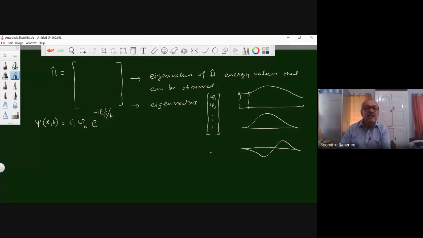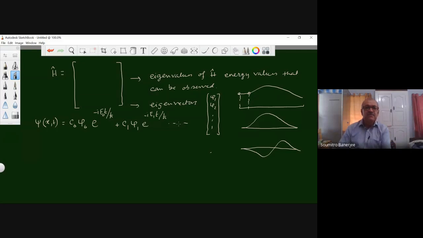This E is that specific eigenvalue, so I'll do it better. C naught psi naught e to the power minus i E naught t by h cross, plus C1 psi 1 e to the power minus i E1 t by h cross, and so on and so forth.